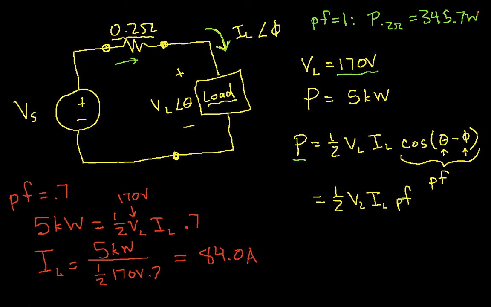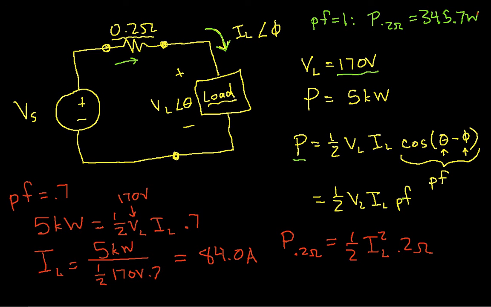This, from the point of view of the utility company, is bad. If we look at the power dissipated in the 0.2 ohm resistor, this is going to be 1/2 times the peak current squared times 0.2 ohms.